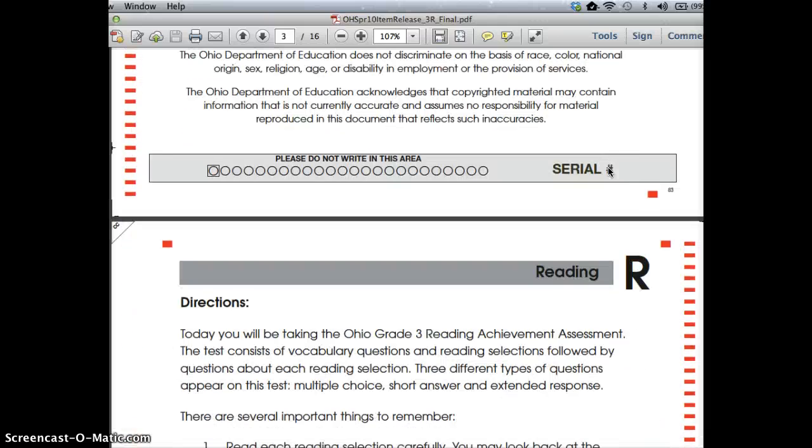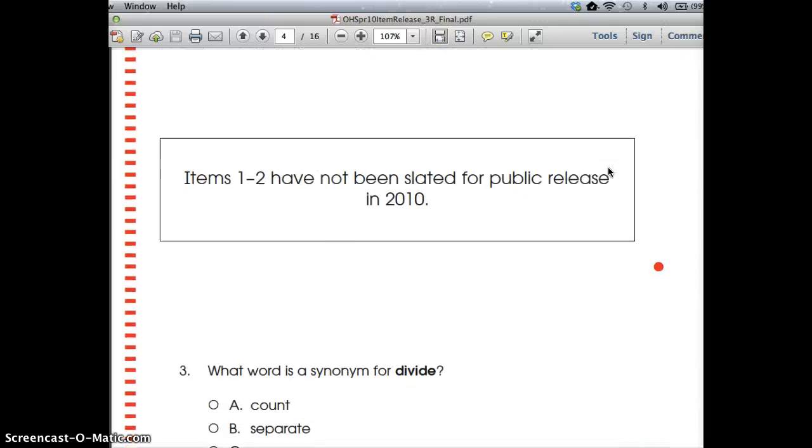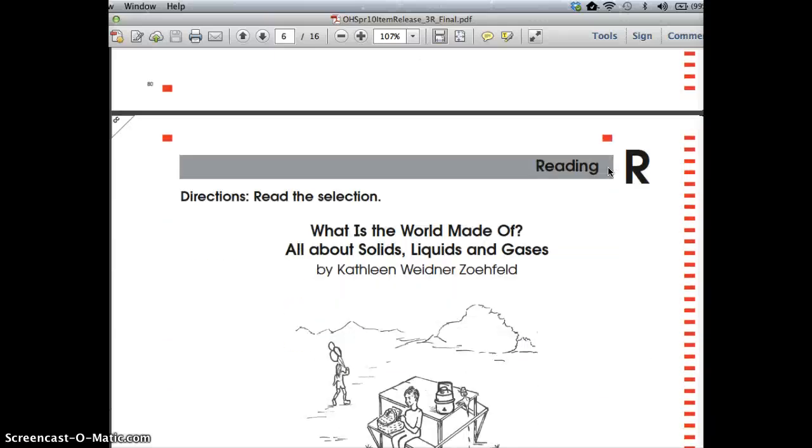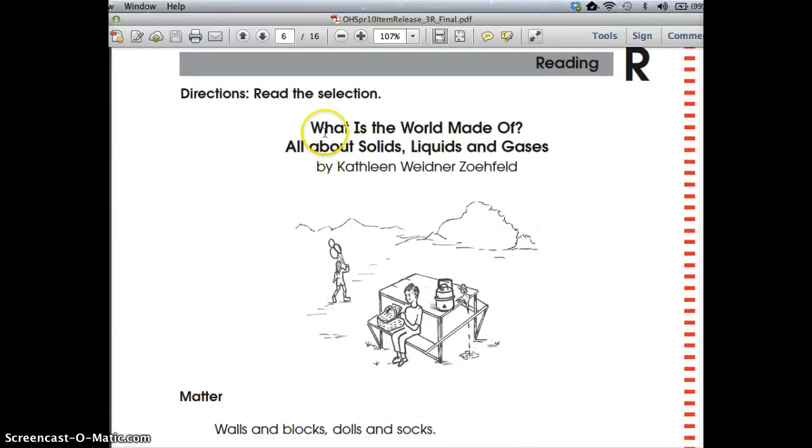We're going to the beginning, past the warm-up questions. You don't have those in yours. And here it is. I'm going to take a peek at the title, What is the World Made of? All about solids, liquids, and gases. I'm looking at the picture, and then I'm going to glance just to remind myself what this passage is about.